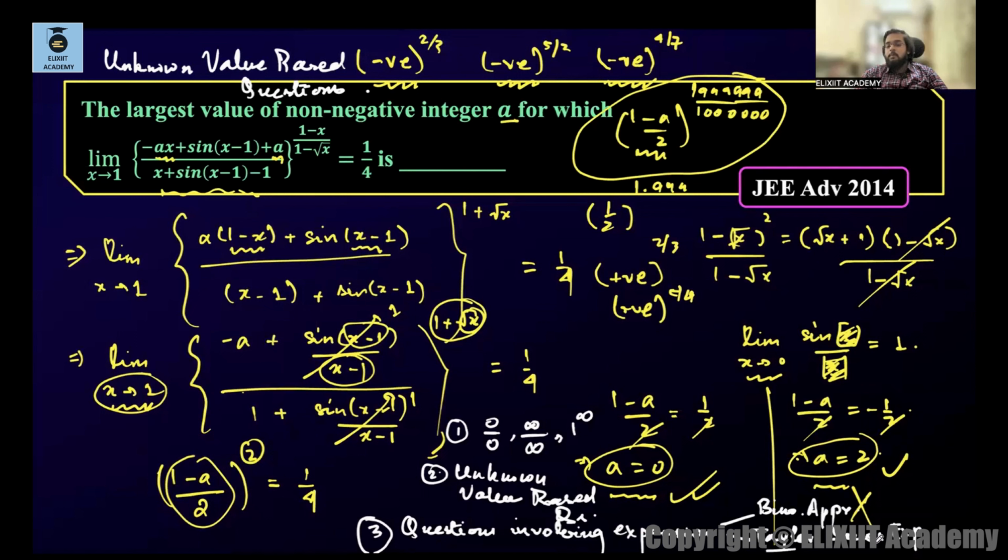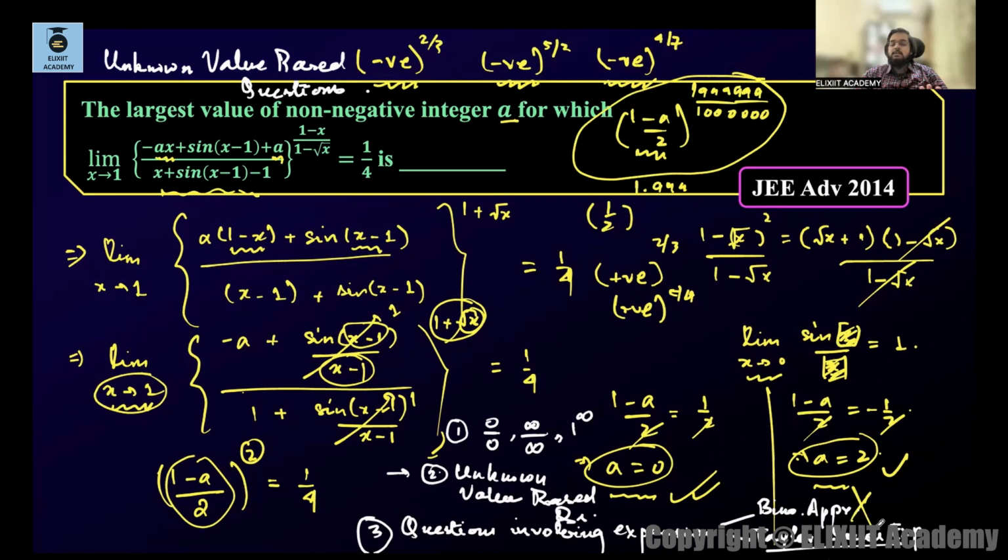And for the second subtopic, unknown value based problems, the use of series is extremely important. It's absolutely a favorite of all the entrance exams which you will see after your 12th. In all the standard entrance exams, series expansion based questions are extremely popular.